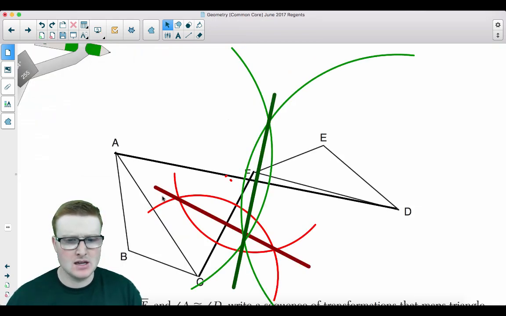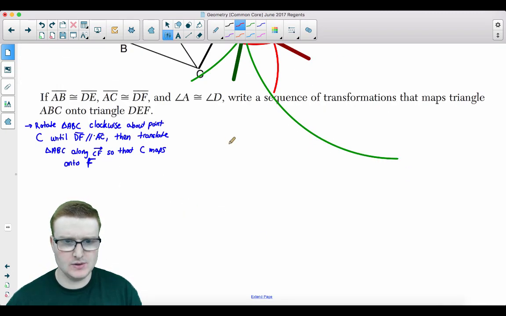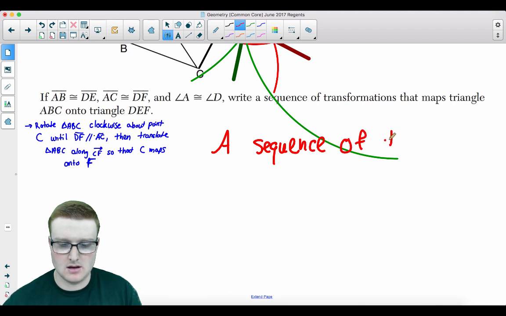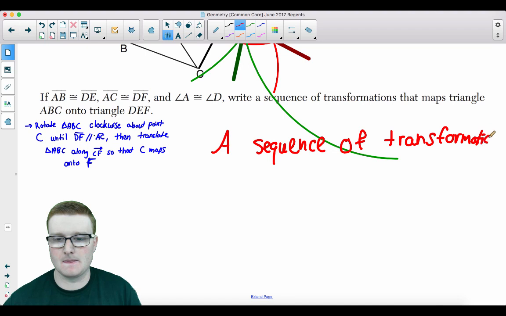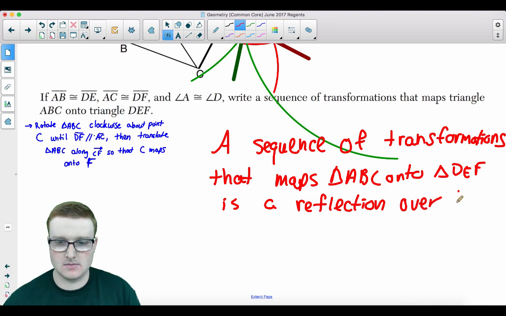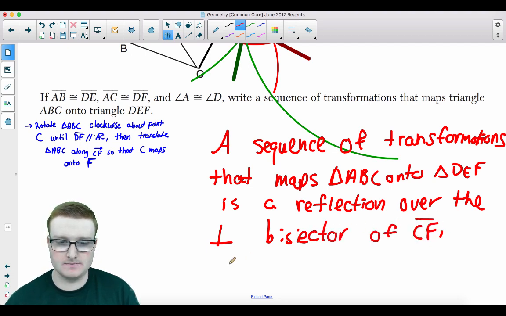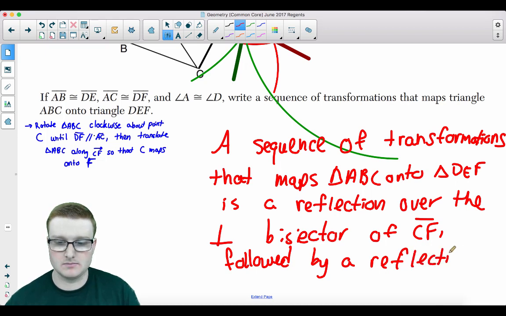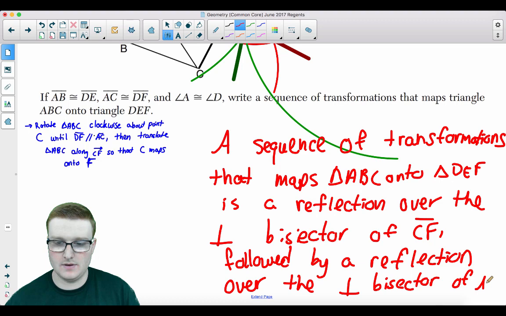So in words, how would you write that? Well, in words, you are going to say a sequence of transformations that maps triangle ABC onto triangle DEF is a reflection over the perpendicular bisector of CF, followed by a reflection over the perpendicular bisector of AD.